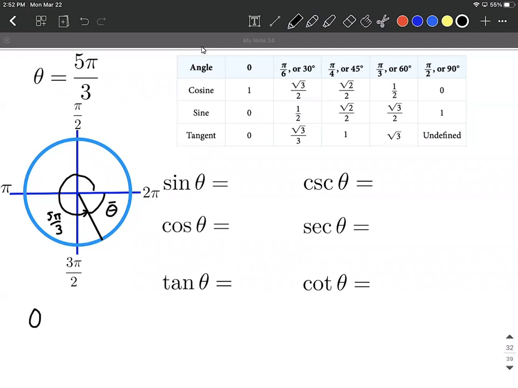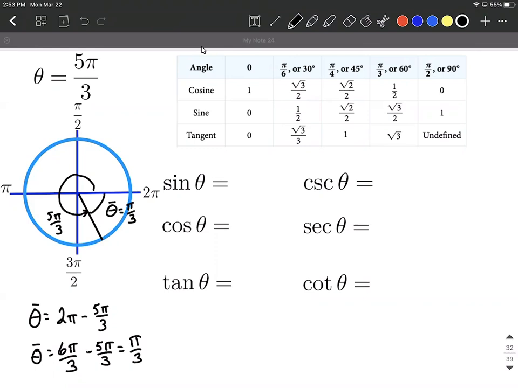To calculate theta bar, we take the further of the two sides of this angle, which is 2 pi, and subtract away the shorter one, which is 5 pi over 3. We can strategically rewrite the 2 pi as 6 pi over 3. That's 2 pi minus 5 pi over 3, which leaves us with pi over 3. So pi over 3 is what we refer to as the reference angle.